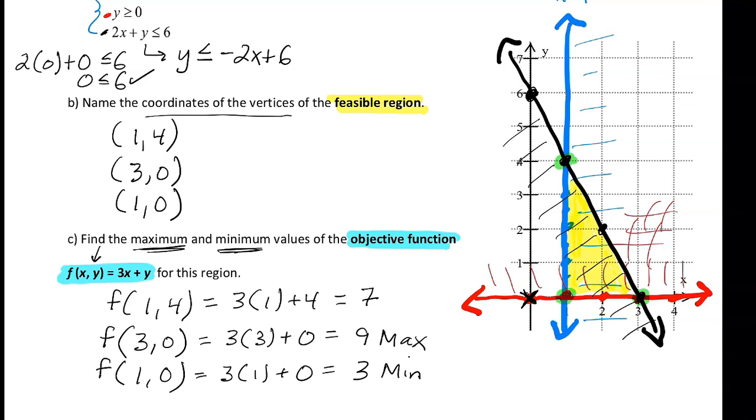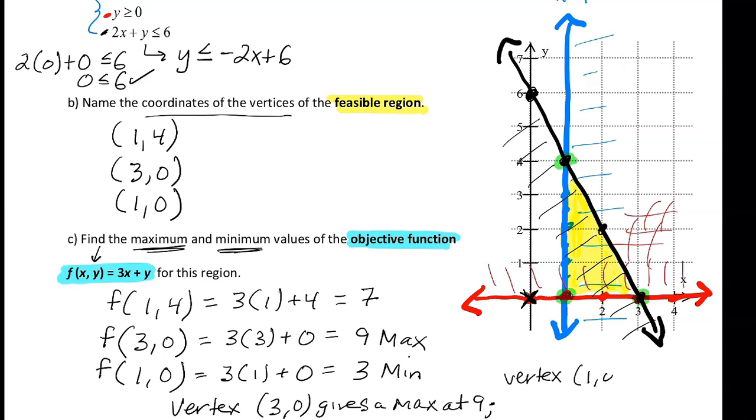So we would state that the vertex 3, 0 gives a maximum at 9, and the vertex 1, 0 gives a minimum value at 3.